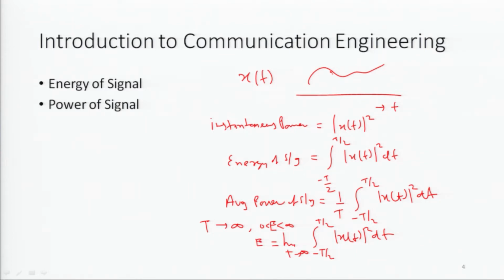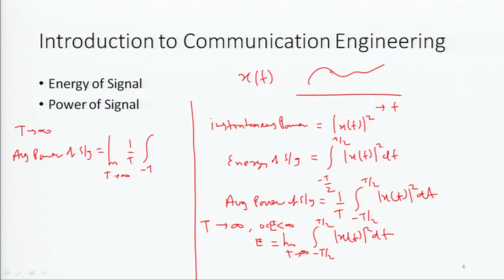Similarly, for the average power when T tends to infinity, the average power of the signal equals limit T tending to infinity of 1 upon T integral minus T by 2 to plus T by 2 mod of x(t) squared dt.